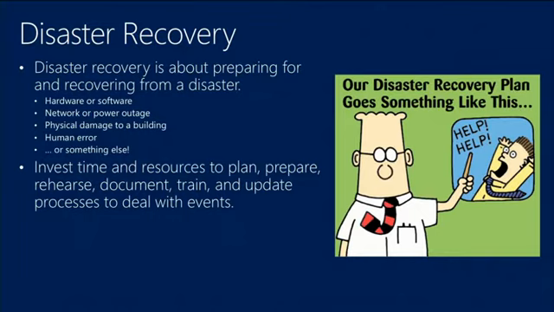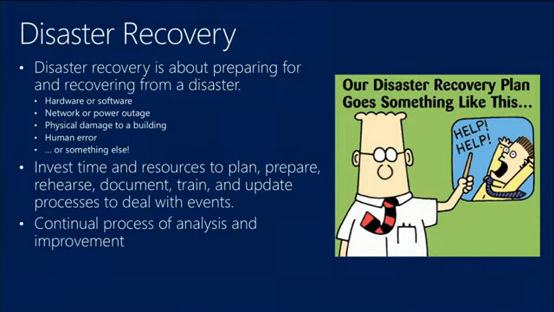Chaos Monkey is basically an application you put in your environment, and it starts crashing things randomly. It's a great way for you to test if things are fault tolerant or not. There are several implementations of that, several ideas around that. And this is a continuous process. This is a continuous improvement process.